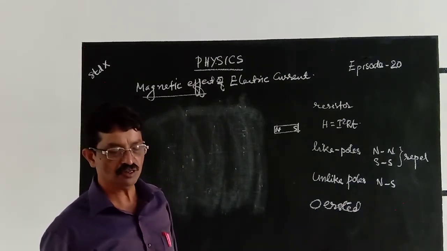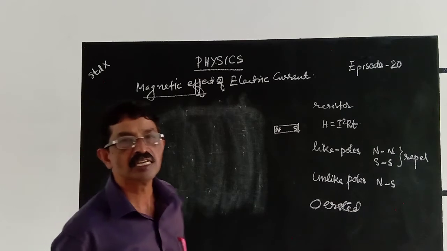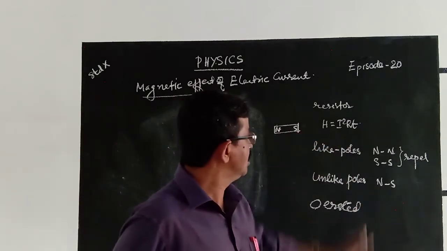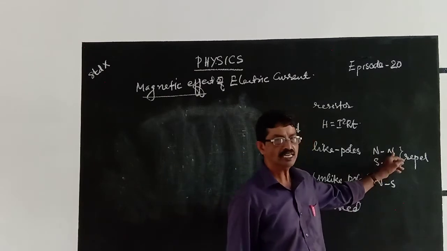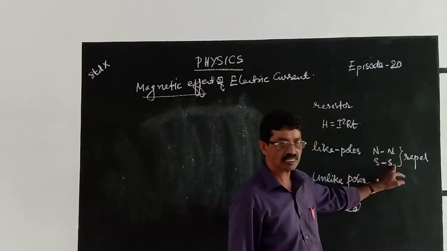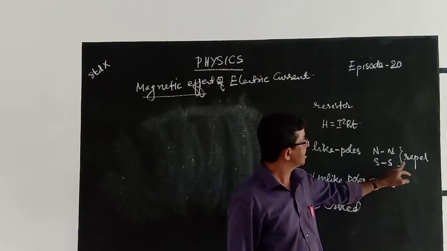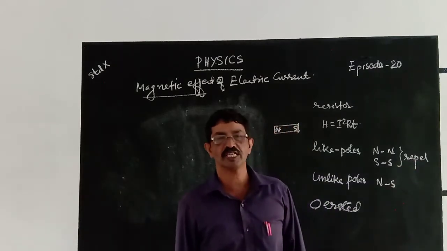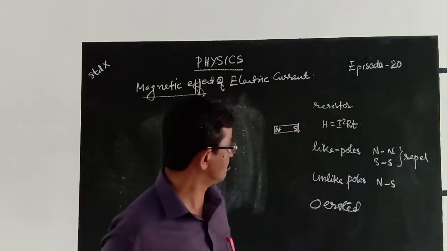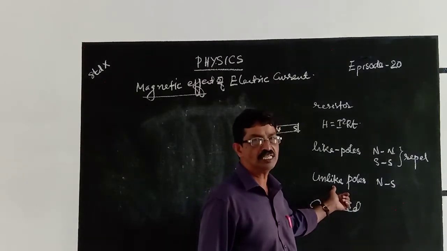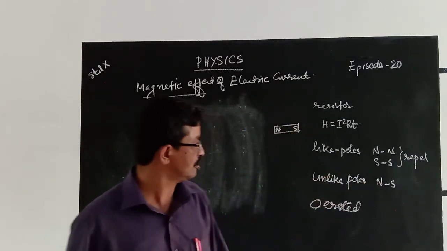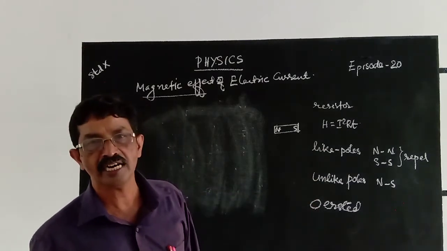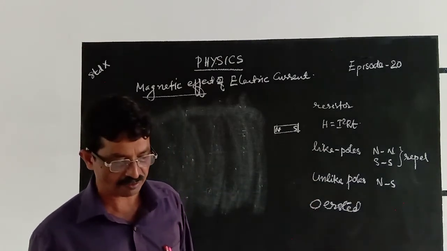And also we know like poles, north and north or south and south, repel each other. But in the case of unlike poles, they attract each other.